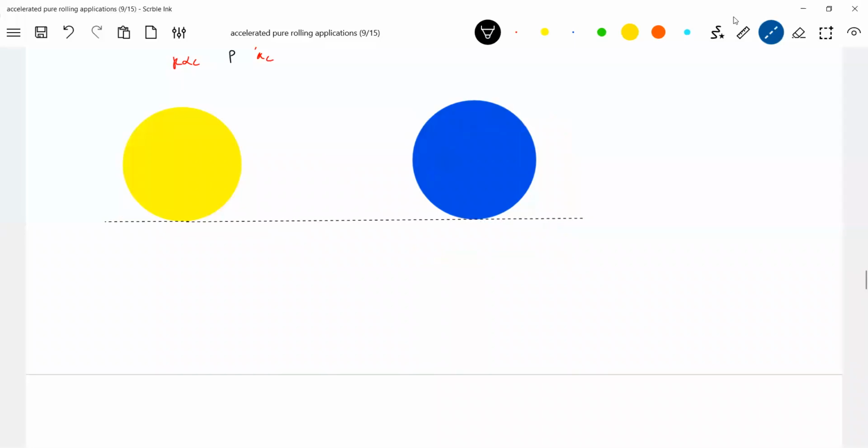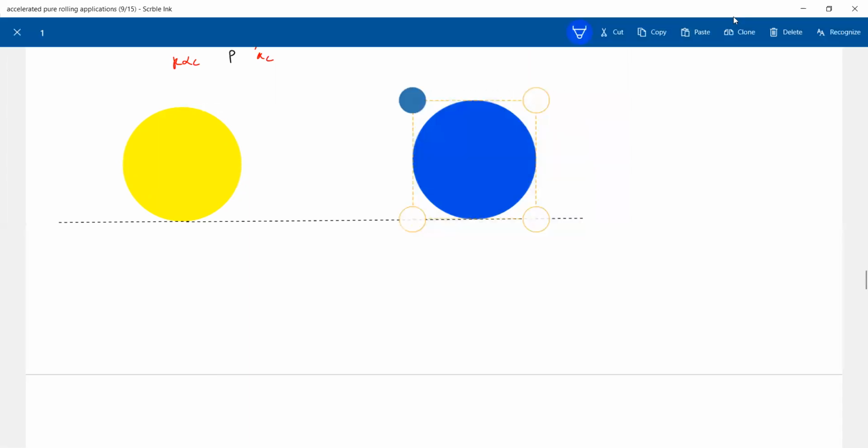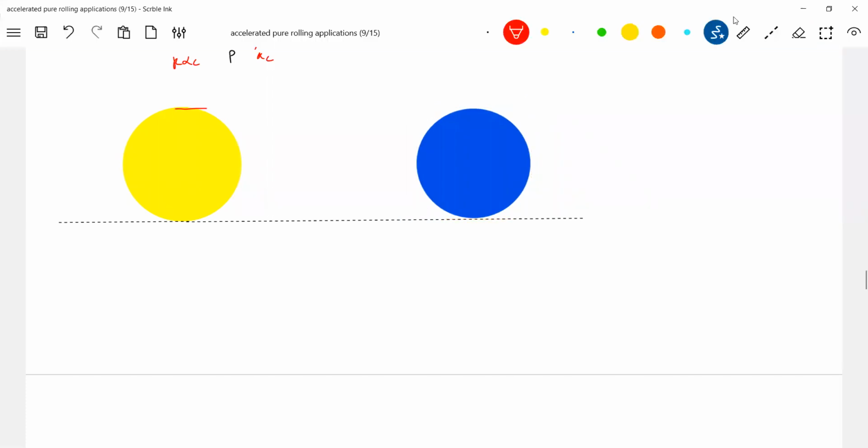Now let me connect two rigid bodies by a string. This is a string. It is wound on both the things, and I'm going to pull this by force F.